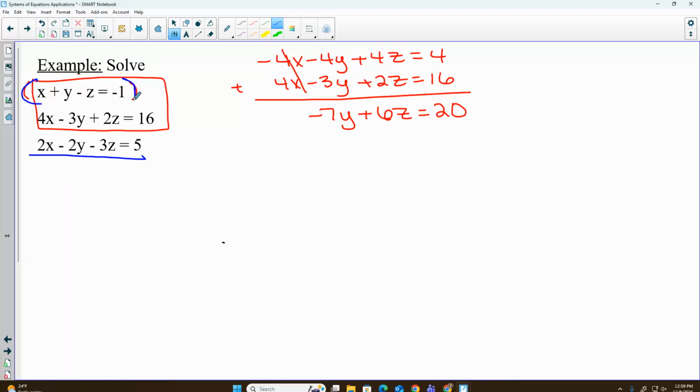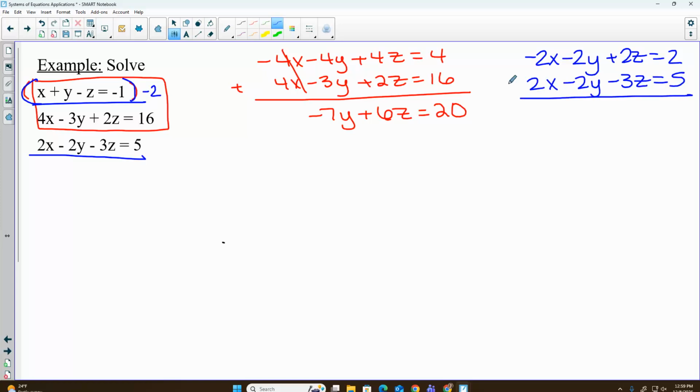If I want to eliminate x, I'm taking the first and the third. What would I multiply by? Negative 2x minus 2y plus 2z equals 2. When I add these, positive and negative 2x cancel. So we get negative 4y minus z equals 7.